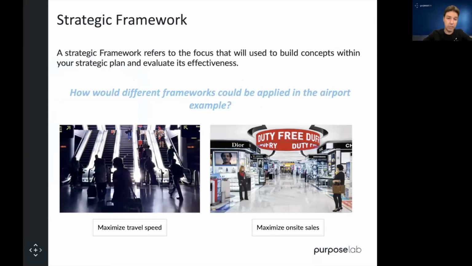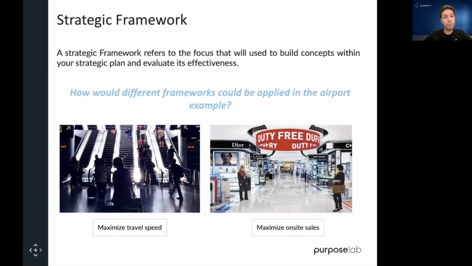So if you're in that airport and your main focus is to maximize your passengers' travel speed, to make sure that they can fly through the airport, that sounds funny, fly through the airport as fast as possible. And of course, you want to make sure that there are very few things where they can get distracted, that you plan your slots accordingly, that your runway and your waiting area are very close and properly signaled and organized after your check-in counters.